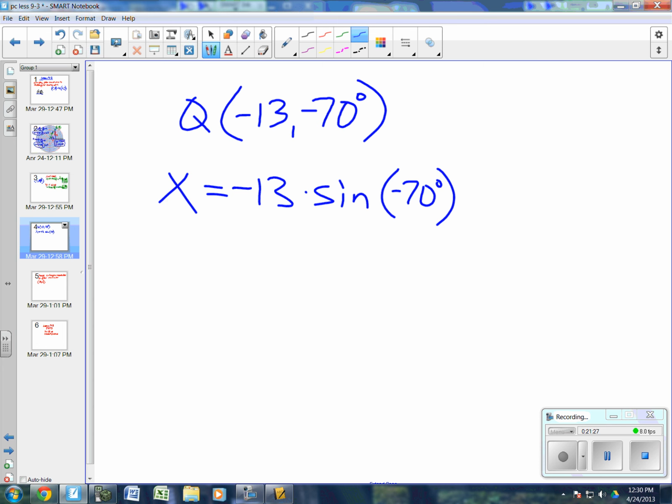Oh, cosine, yeah. We're talking about an x. X is related to cosines, right? Okay, how many of you got that? What does that come out to be? Negative 4.45. Okay. All right. McKay, how do I find the y?